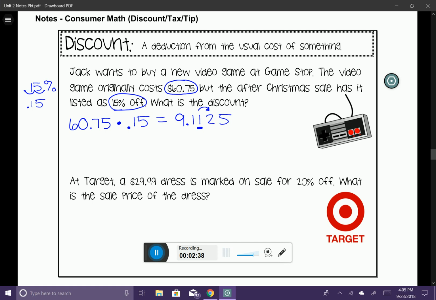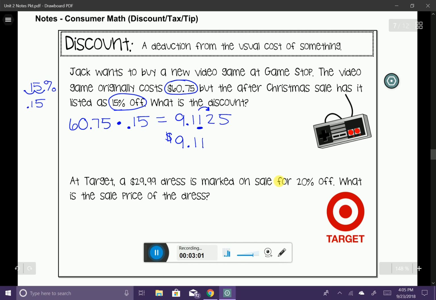You might have heard the little saying, 4 and below, let it go, 5 and above, give it a shove. So you can see that this is 4 and below, so I'm going to let it go. So this is going to end up being 9.11. But remember, we're talking in terms of money, so this is going to be $9.11.